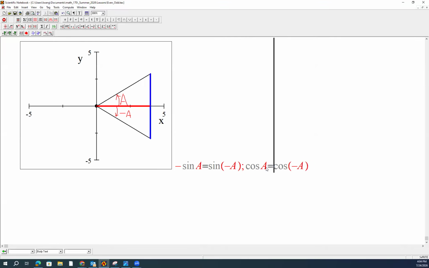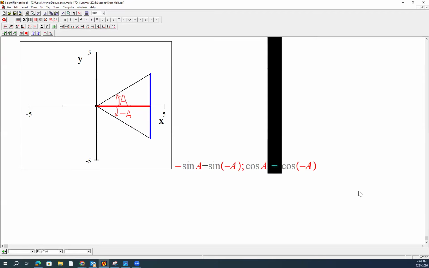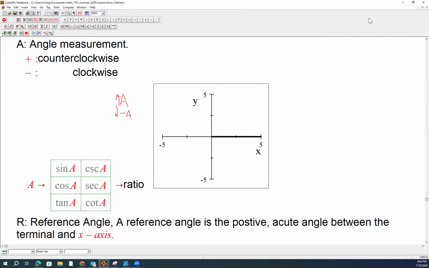R is positive, therefore they share the same red, therefore cosine is even. Okay, so now we can go back here.